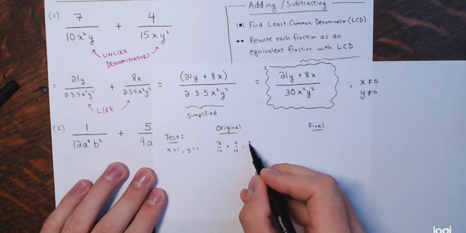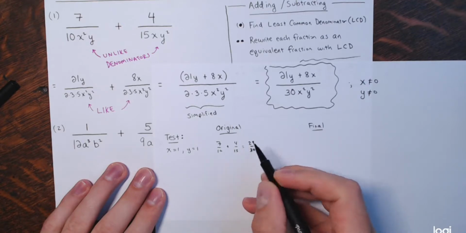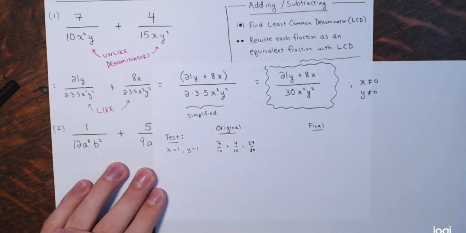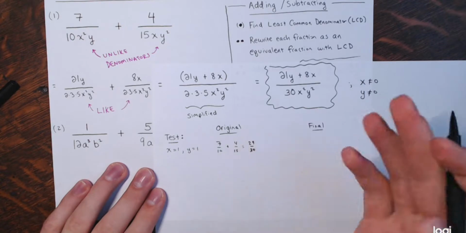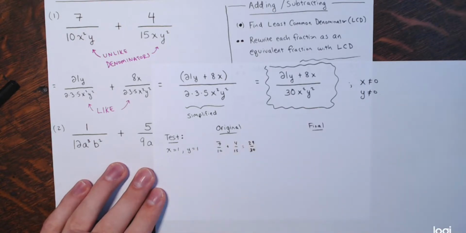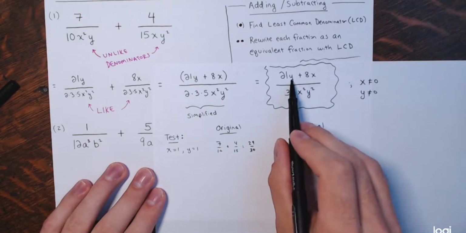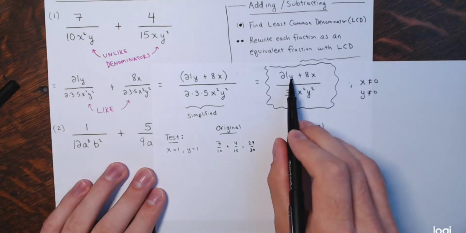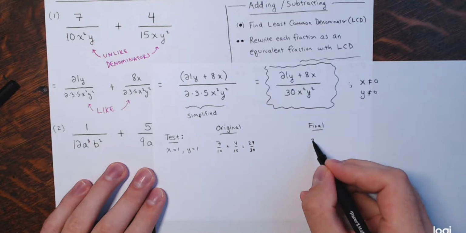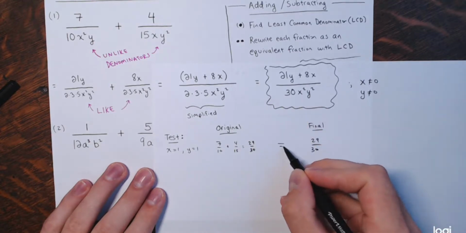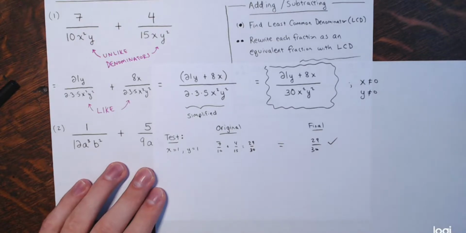That'd be 29/30, times 3 over 3 times 2 over 2 to get a common denominator of 30. 21 plus 8 is 29. So the value of that is 29/30. Look at the final expression. If x were 1 and y were 1, this would be 21 plus 8 in the numerator, 29, and then 30 in the denominator. And these are equal, and they should be.